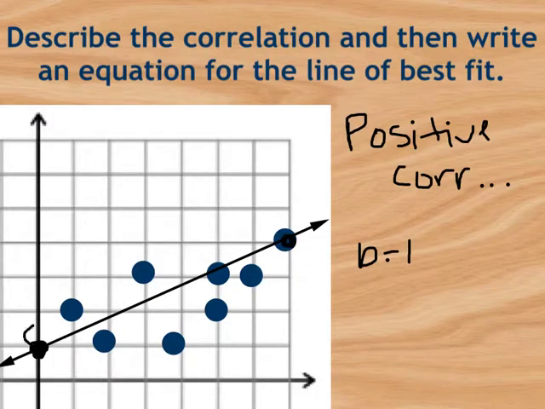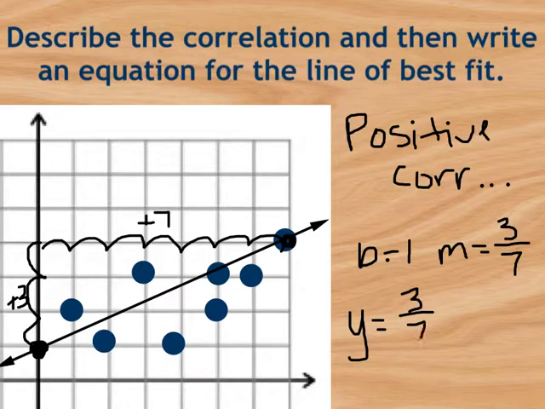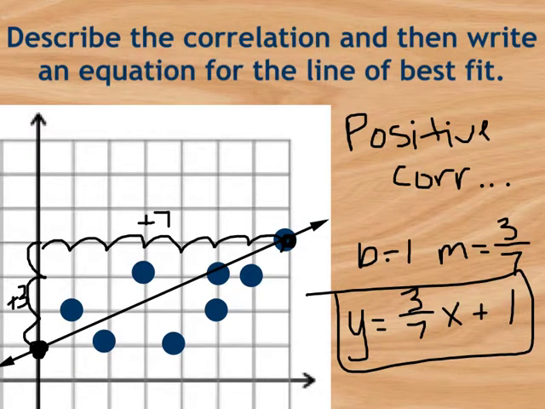So here I went up 1, 2, 3, and then I go to the right 1, 2, 3, 4, 5, 6, 7. So my slope will be 3 rise over 7 run. So y equals 3/7x plus 1. That is my equation for the line of best fit.